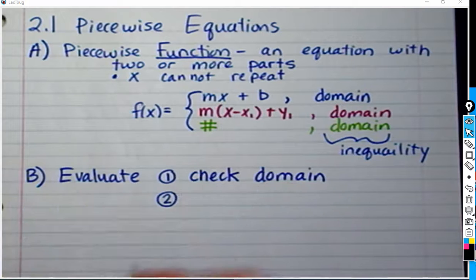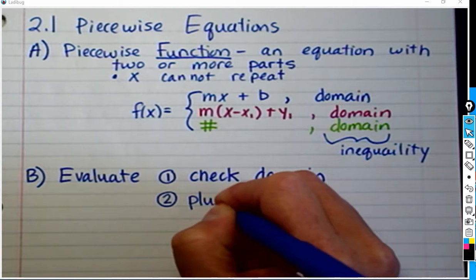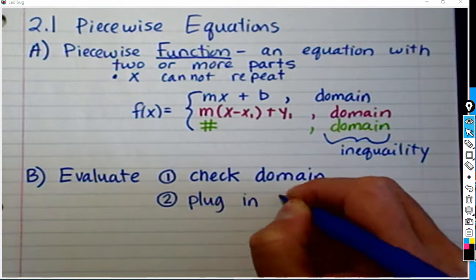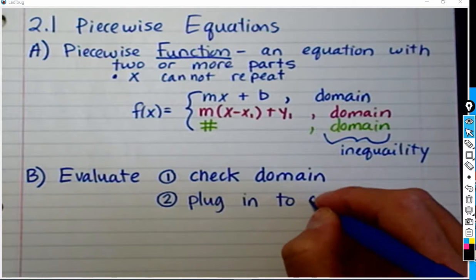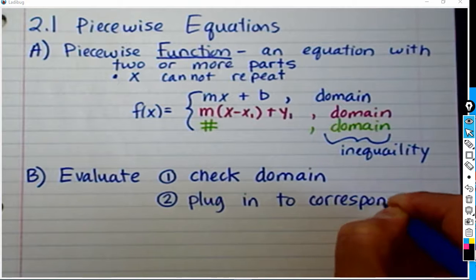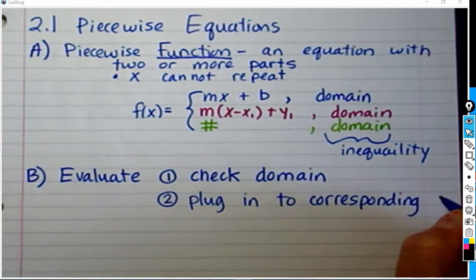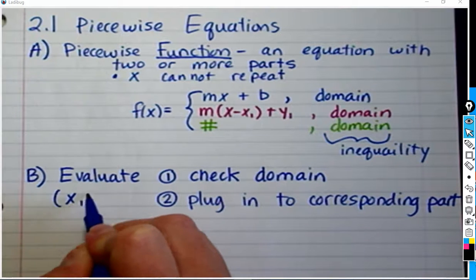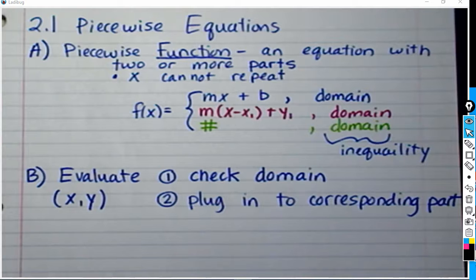Second thing we do, plug in to the corresponding part. Right, this is x comma y. This is just talking about points. X's and Y's. Finding the right points.